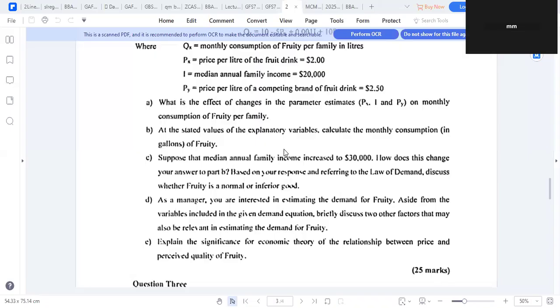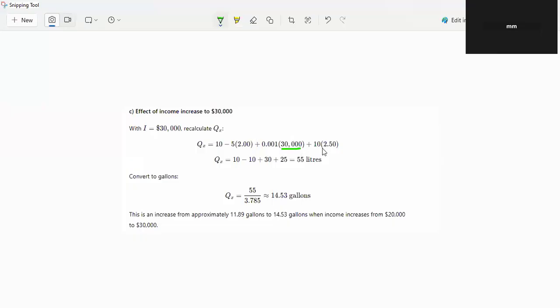So here where we have 20,000, we put 30,000. So we've now increased to 55 liters from 45 liters, or 14.53 gallons. So this has increased. When income increases, forcing the quantities to increase, what type of good is that called?